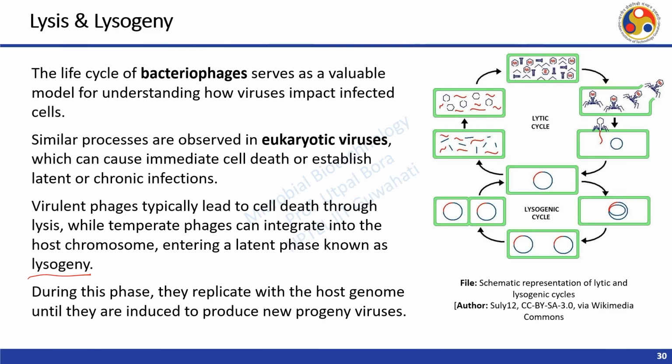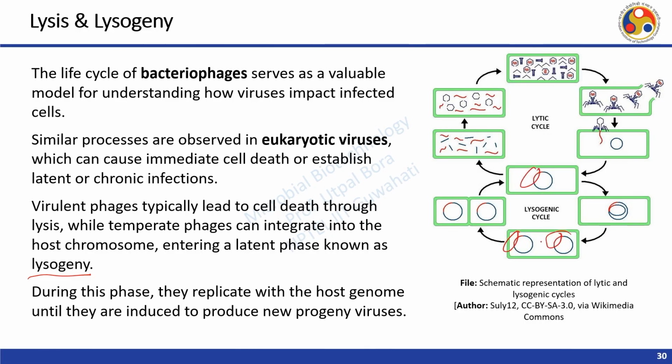In the case of lysogeny, once the viral genome is internalized, the viral genome gets integrated with the host genome. So, it becomes a part of the host genome. Now, when the host genome replicates, as you can see here, the integrated viral genome will also replicate.